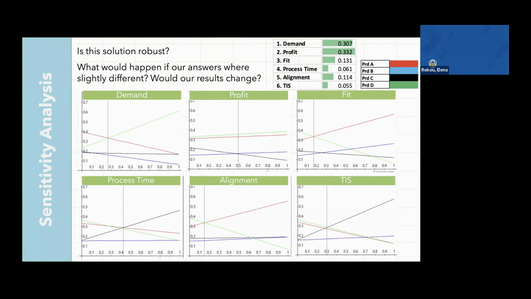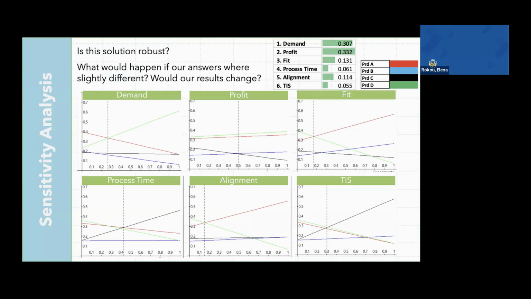What about profit? Actually nothing changes no matter the priority of profit for the first two, because they have a very small but very clear difference of $2 per unit.